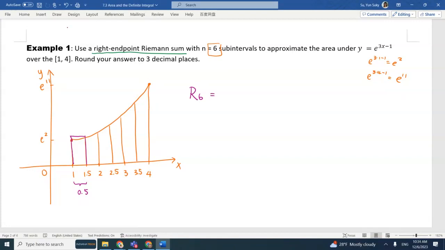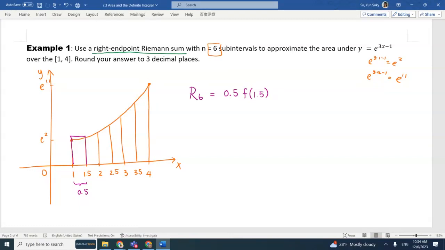The first rectangle, I have the width is 0.5 and my height is f of the right endpoint. What's the right endpoint? The right endpoint is 1.5. Yes, everybody? That's the first rectangle.